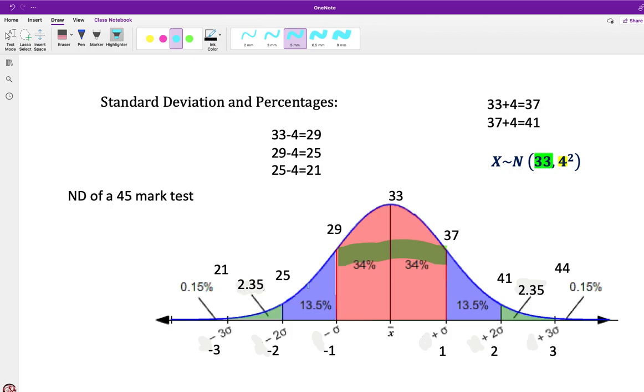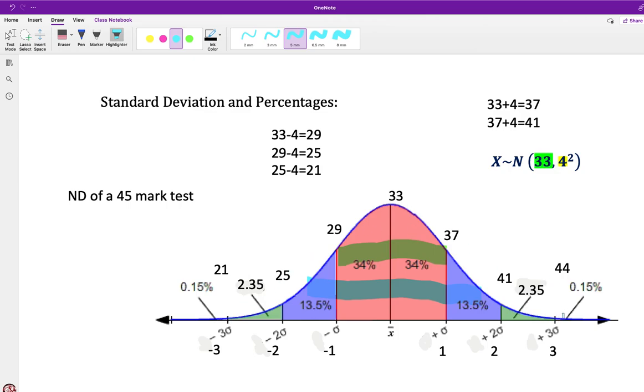So if we added this up, how many people got between 41 and 25? It's going to be 68 plus 27, so 95% of the population will land between these two. And 2.35% on each side will land between 44 and 21.